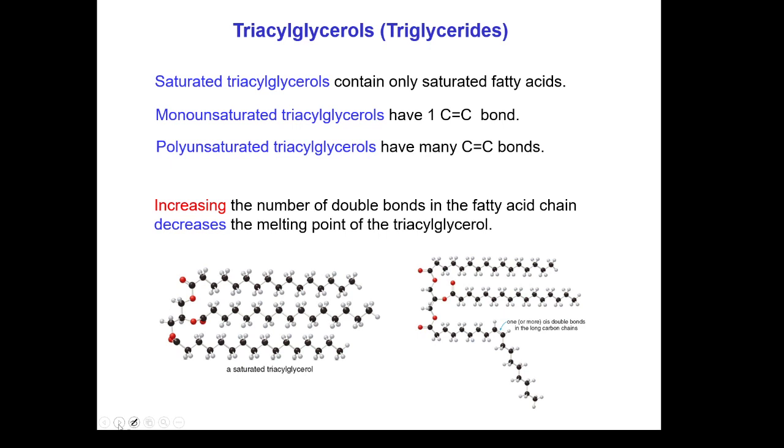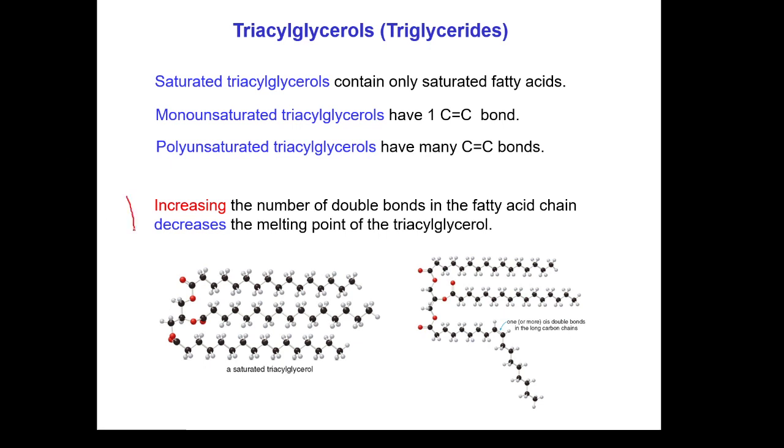And we can break it down even further. Saturated triacylglycerides contain only saturated fatty acids. Monounsaturated means I have one carbon-to-carbon double bond. Polyunsaturated means I have multiple carbon-to-carbon double bonded chains in there. The more double bonds in the fatty acid chain, the lower the melting point of the triacylglyceride.